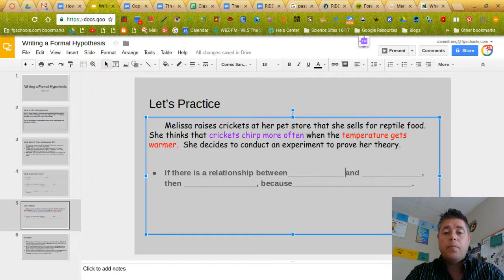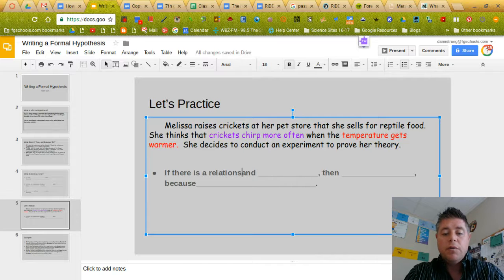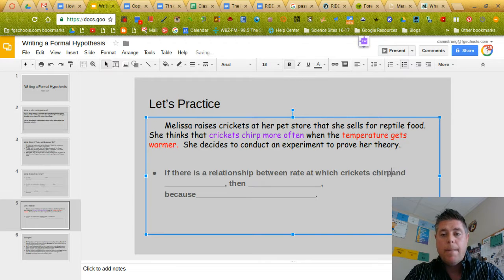So let me backtrack a little bit. If there was a relationship between rate at which crickets chirp and temperature.